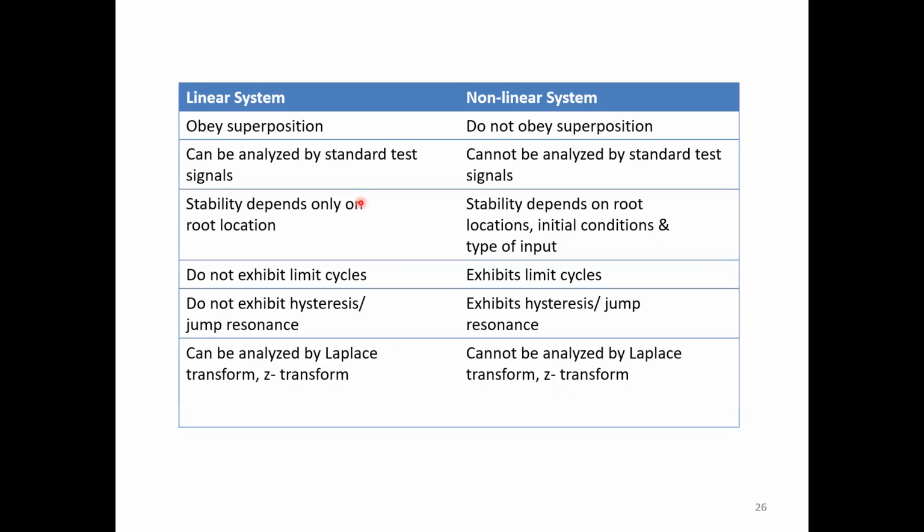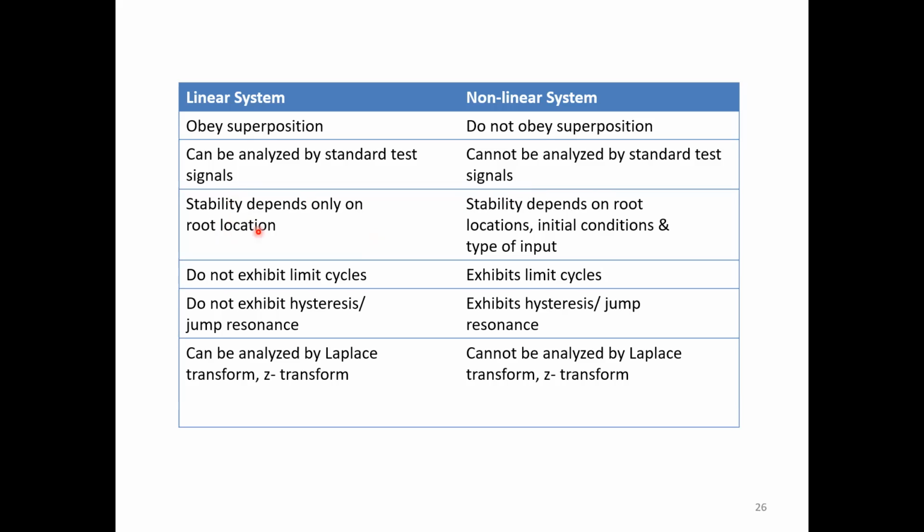Here are the differences between linear and nonlinear systems. A linear system obeys superposition; a nonlinear system does not obey superposition. A linear system can be analyzed by standard test signals, while a nonlinear one cannot be analyzed easily.